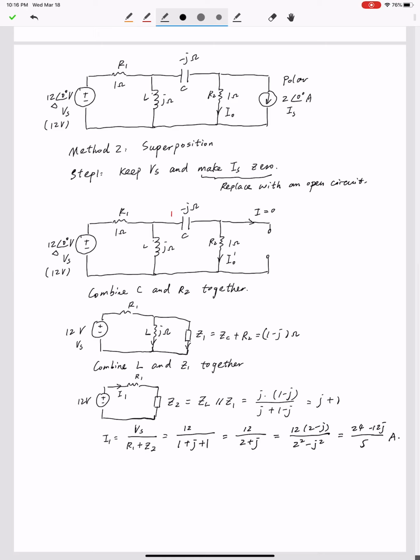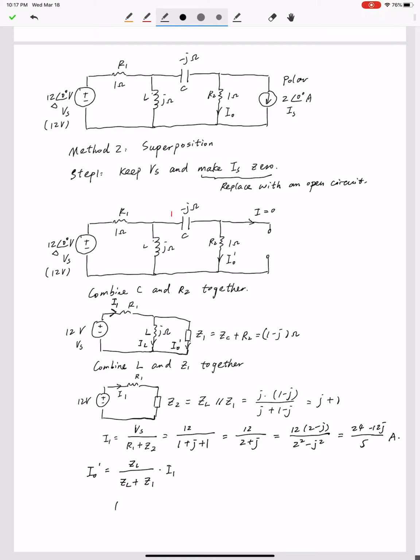After you have I1, we can find I naught dot, because I1 in this circuit is the current flowing through R1, and I1 gets split into two branches. One branch we can name as IL, the other one is I naught dot, right? So I naught dot equals, using the current division law, ZL divided by ZL plus Z1 times the entering current I1.